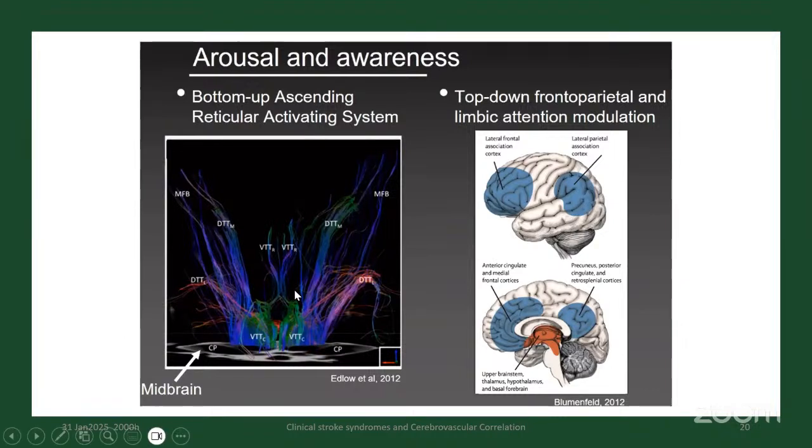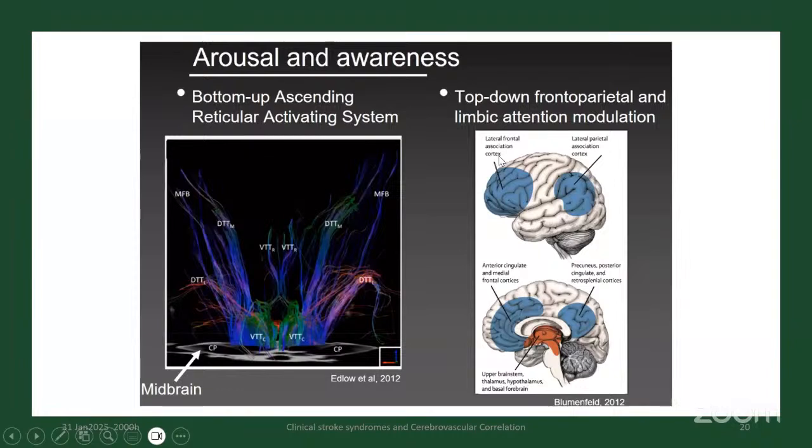Then whatever you are hearing, whatever you are seeing, what you are feeling, they have to be interpreted and come to a conclusion. If that network, the top-down frontoparietal and limbic attention modulation network, is disturbed, then you'll have attention deficits.